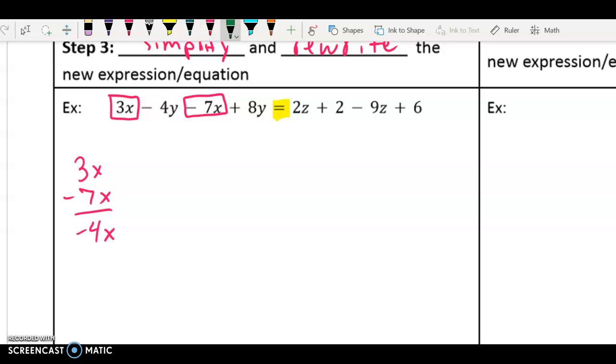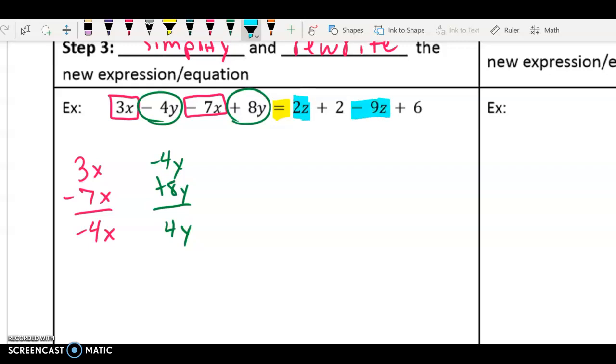Okay? Now let's look at y's. We have negative 4y plus 8y. Negative 4 plus 8 is 4. And don't forget the y after it. Okay, so next up, maybe I might use highlighting this time. So I've got a 2z minus 9z. Remember, you're including the sign that is in front of it.